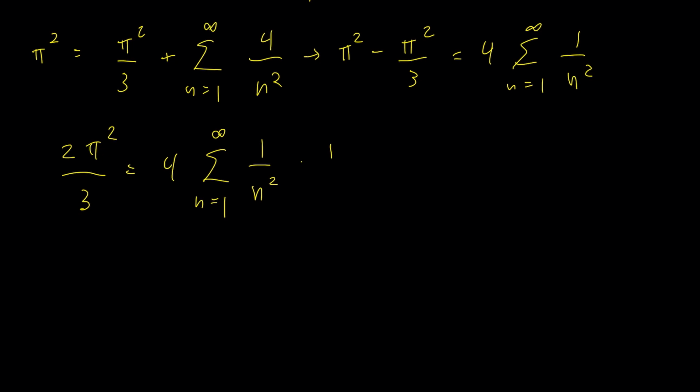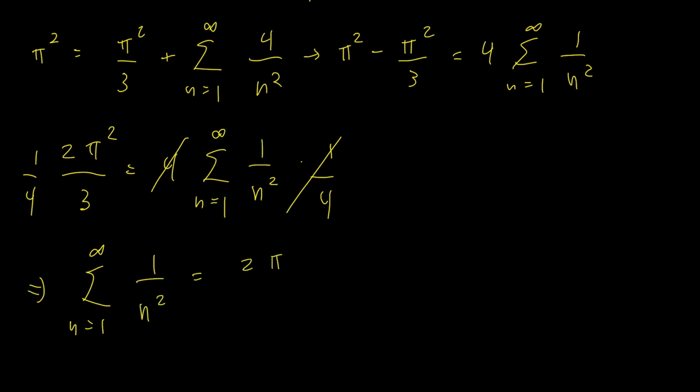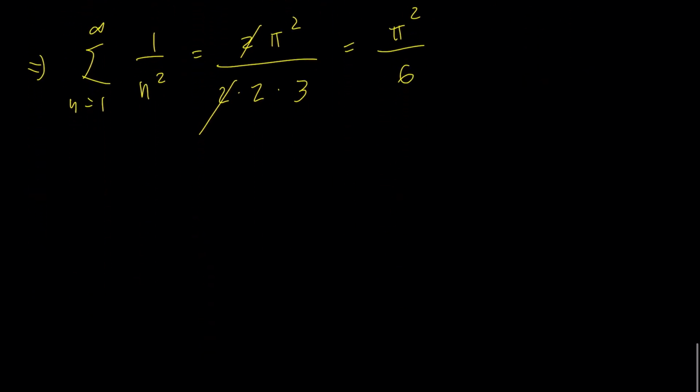And all that's left to do is multiply it by a factor of 1/4. So the sum from 1 to infinity, 1 over n squared equals 2 pi squared over 4, which is 2 times 2, and then times the factor of 3. These two divide to 1, and 2 times 3 is 6. We have pi squared over 6.